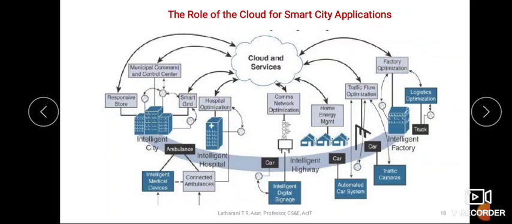Why we call this fog is that on the edge there may be multiple hospitals in a city, multiple homes, multiple streets of traffic, and multiple factories. So the data of all the factories is collected by the fog, and the data of all streets' traffic is collected by the traffic flow optimization.